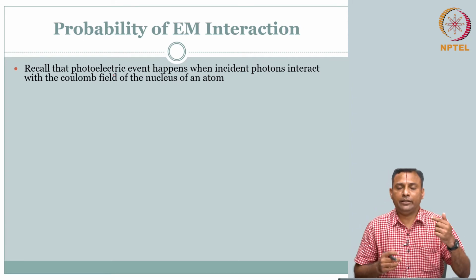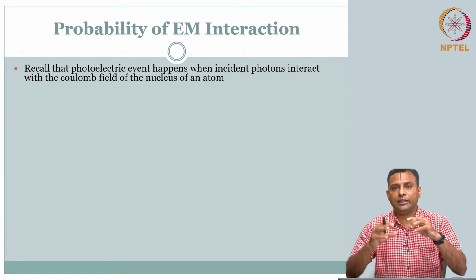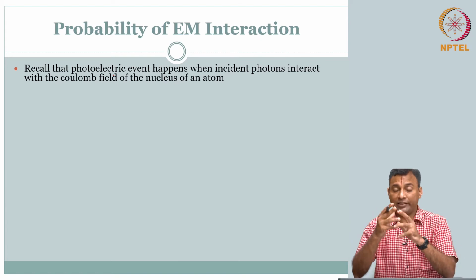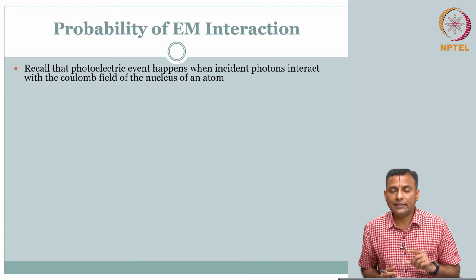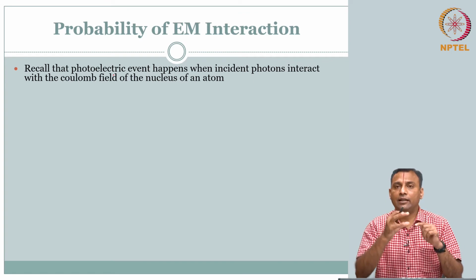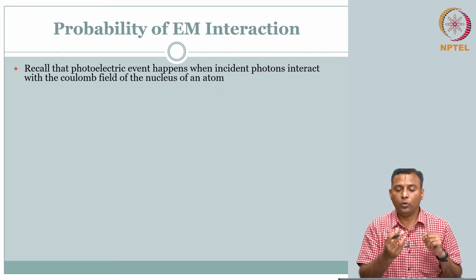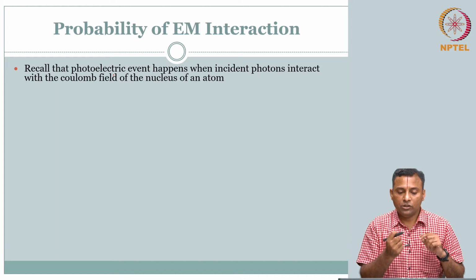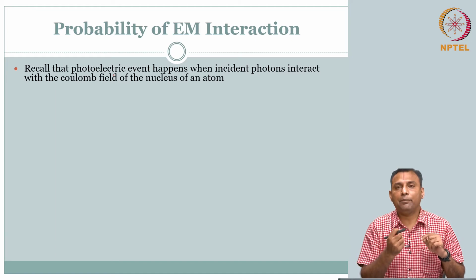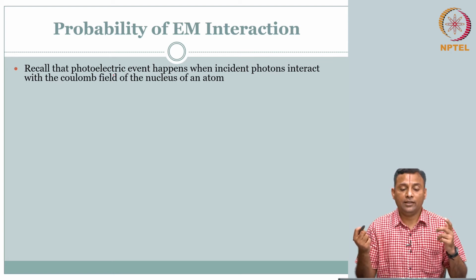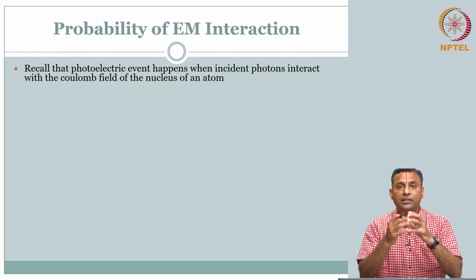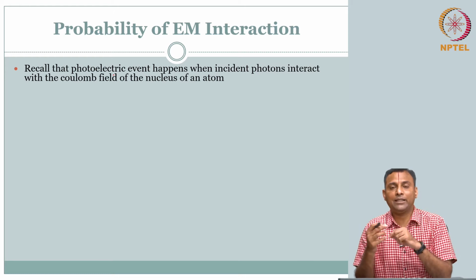You have a photon with X-ray energy coming in, interacting with the cloud of electrons. The key is that it has to interact with the electron cloud, or the Coulomb field. So when does that happen? Without knowing much, I can say that if the field is big, then I maximize the chance.